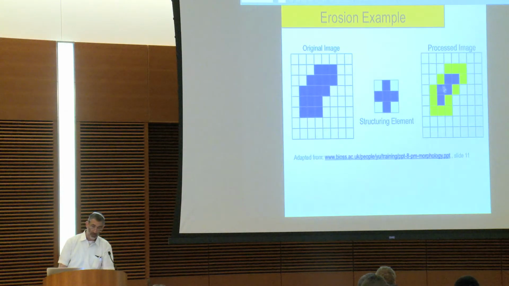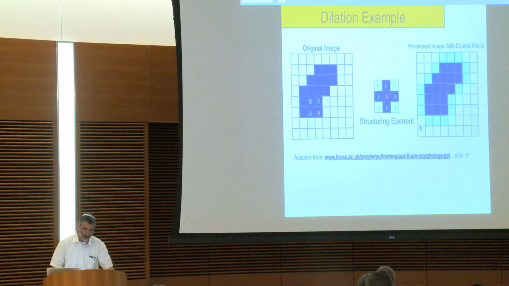So this just points out what erosion is. Here's the original image, and the green pixels are going to go away. I won't spend too much time on that because we're somewhat time limited, but this is an example of dilation where I have the original image and I pad it, right? The cyan pixels are what are being padded by the cross.